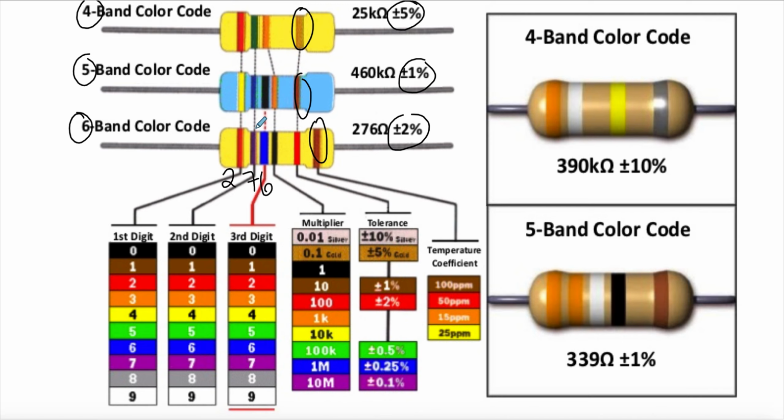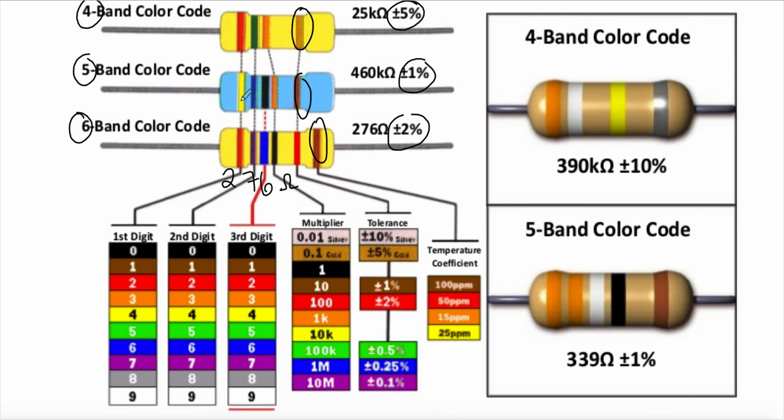On a 4-band, the first 2 tell you the numbers, and the third one is your multiplier. On this one, the first 3 are the digits, and it's usually the second to last one, unless you get to the 6th band, that is your multiplier. So right here, 276, and then this is a black. That just means it's times 1. So this is just 276 ohms.